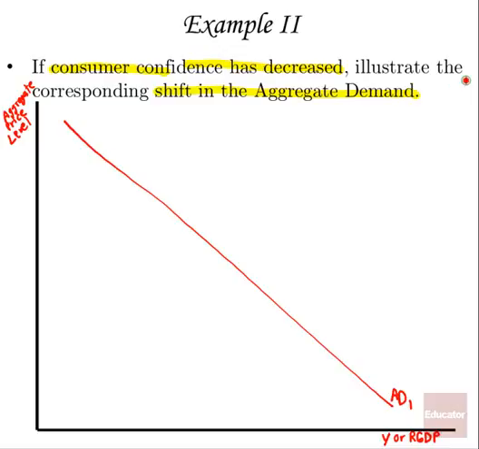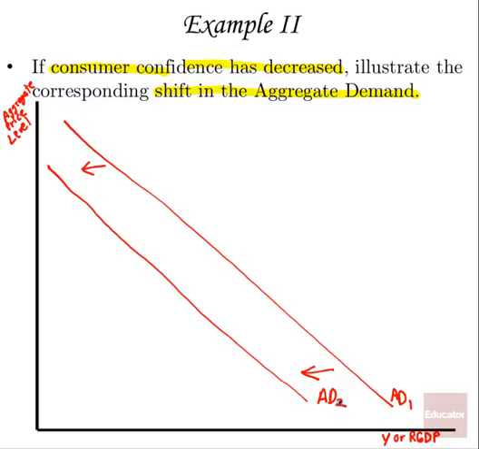So if the consumer confidence board says that the number has dropped from 100 to 60, and again, that's a bad thing, then people are going to be less confident, and what that indicates is that the aggregate demand has decreased, or shifted to the left here.